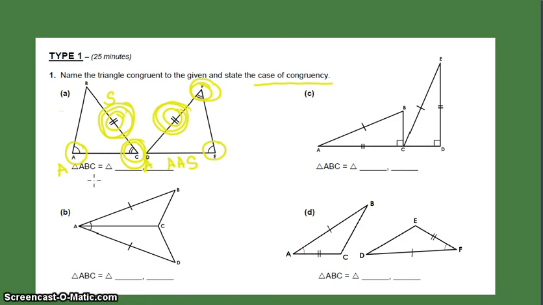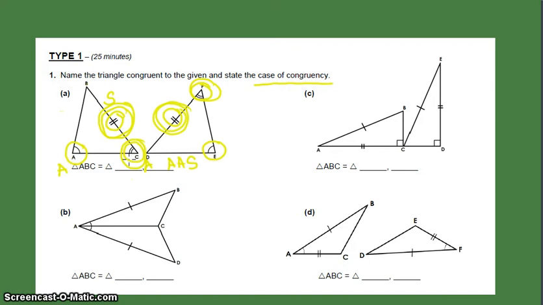Now here, how do we say the congruence? The triangle ABC is equal to the triangle blank. Now in stating congruences, you have to follow a specific order. Notice how I labeled angle A as one circle, angle C as two circles, and the side as three circles, so that I will have an easy way on naming the congruence.